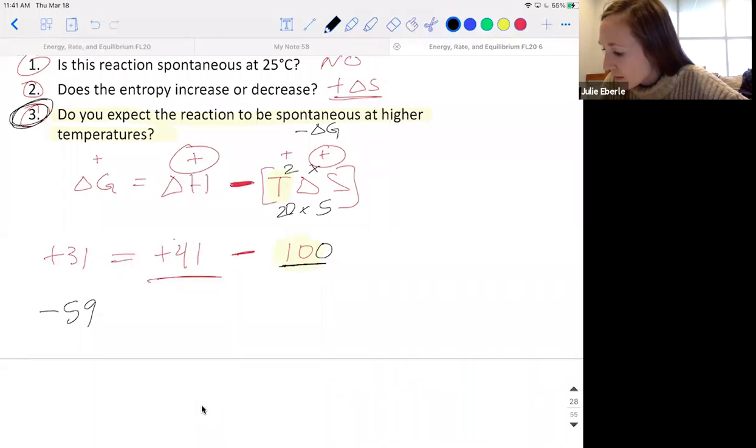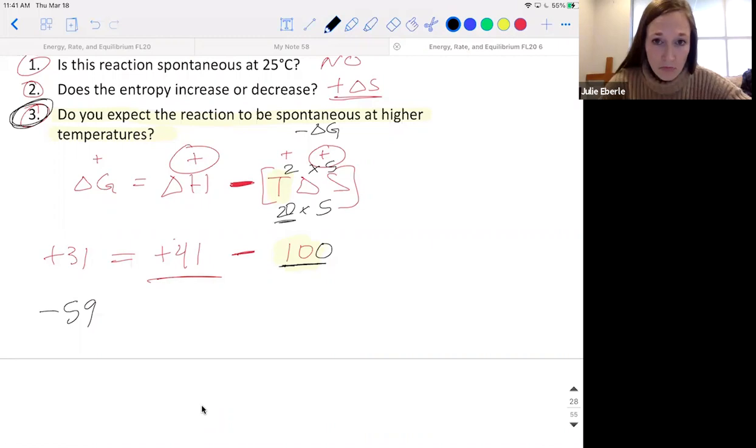We did 2 times 5 initially, and we had the negative 10. Then we said if we really crank the temperature up, we changed it from 2 to 20. 20 is a bigger number than 2, a higher temperature. Then we got a larger term here, and when you subtract that from a positive delta H, we did get a negative delta G.